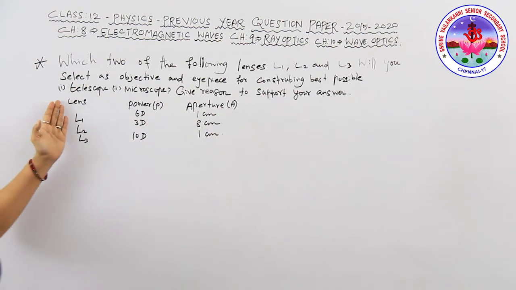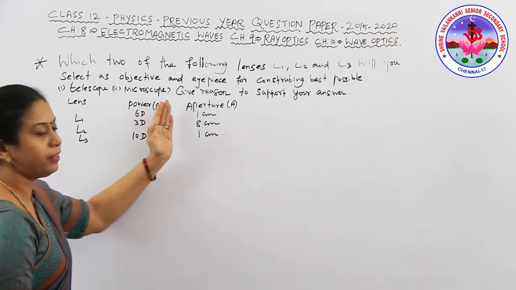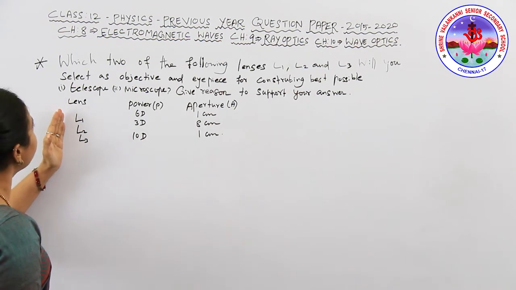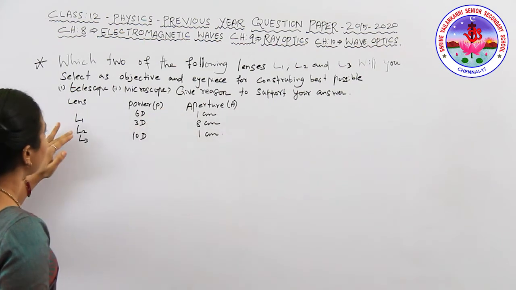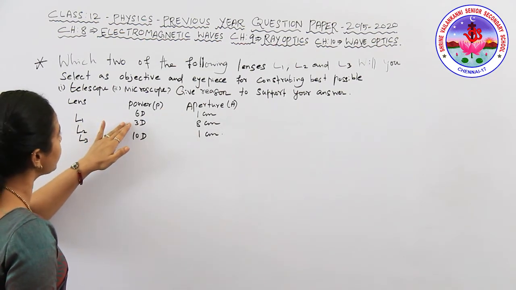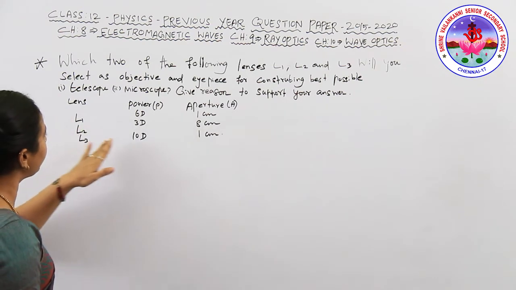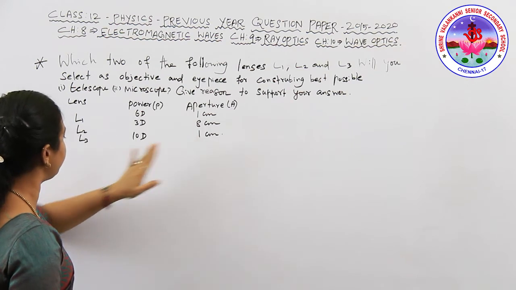See, they have given 3 different lenses with power and aperture. Lens L1 has a power of 6 diopter and aperture 1 centimeter. L2 power is 3 diopter, aperture 8 centimeter, and L3 power is 10 diopter, and the aperture is 1 centimeter.